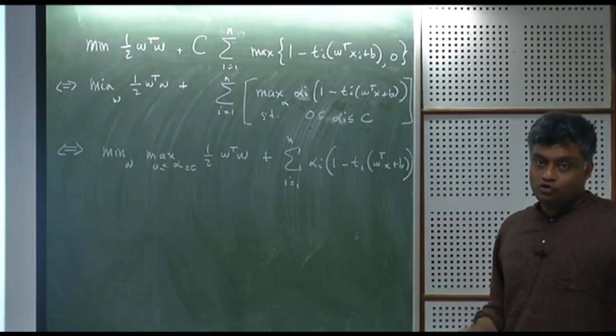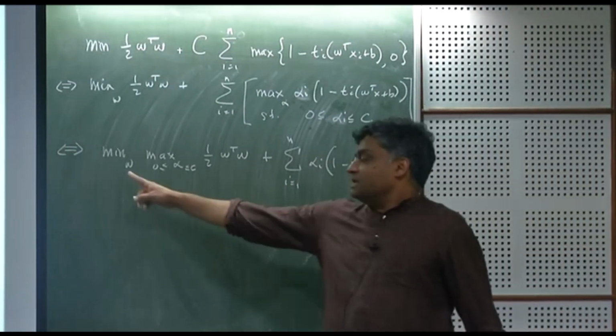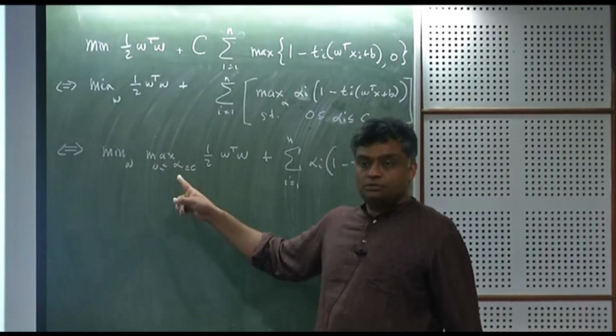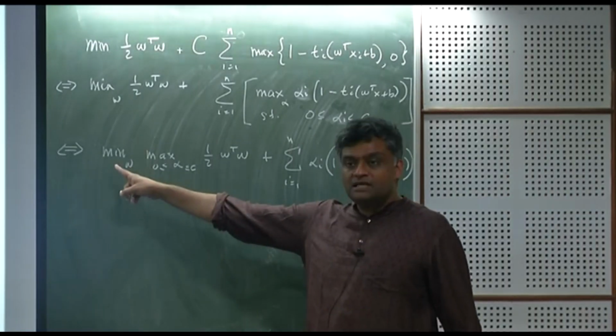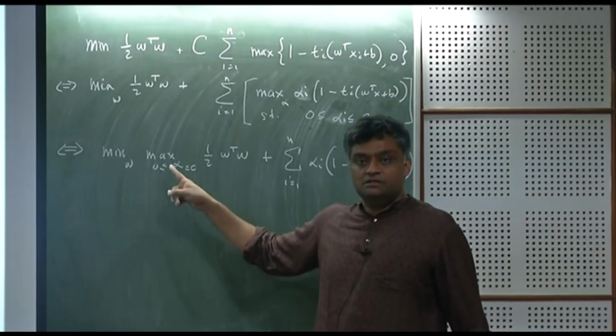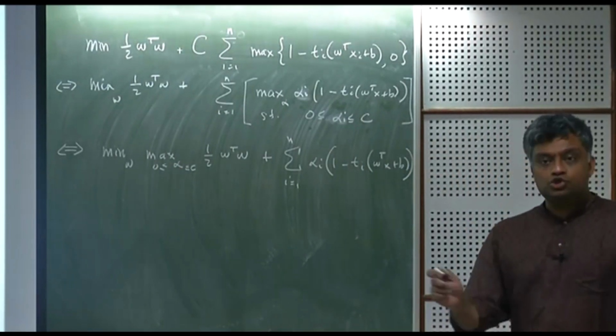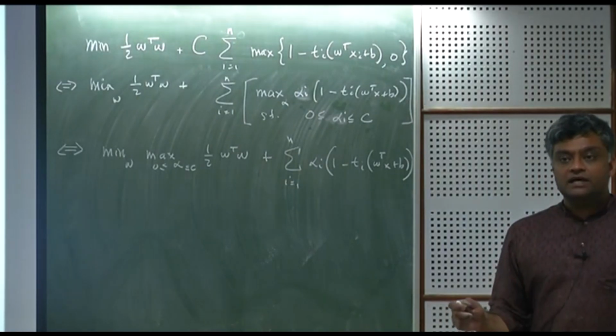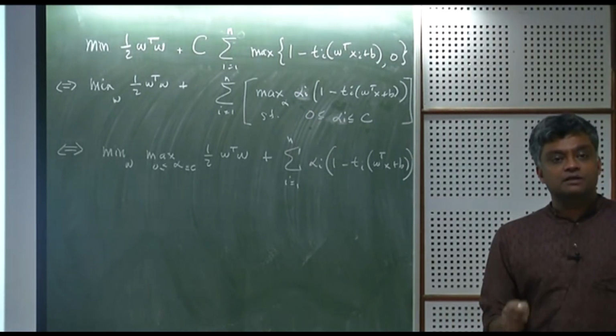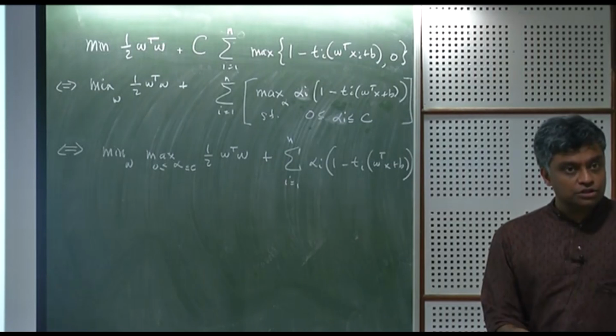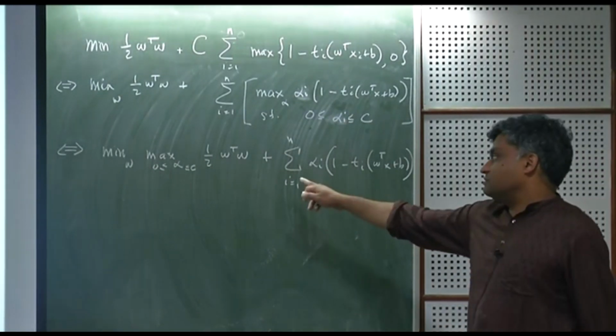It's a game. There are two players here. There's a minimization player and there's a maximization player. One wants to minimize this value, the other one wants to maximize this value. In some conditions, I can switch the order of the players. I can do the maximization after I do the minimization. Under what condition should that happen? I have to check this function.